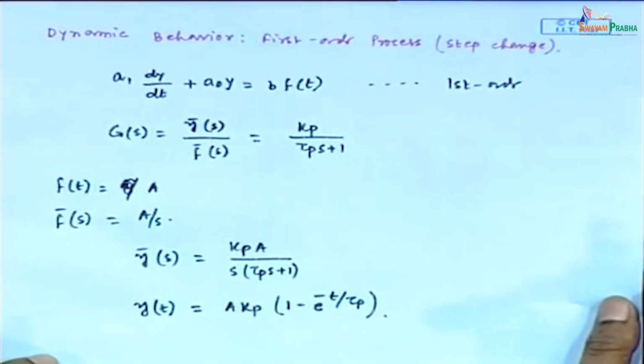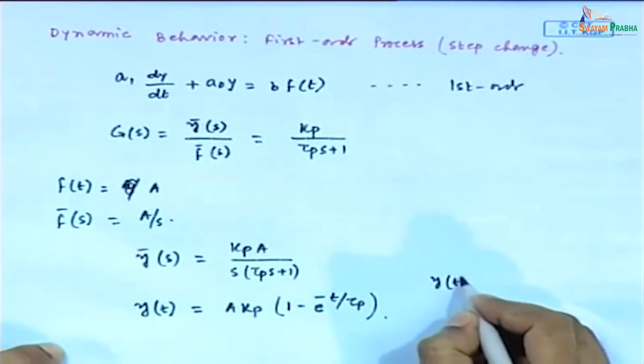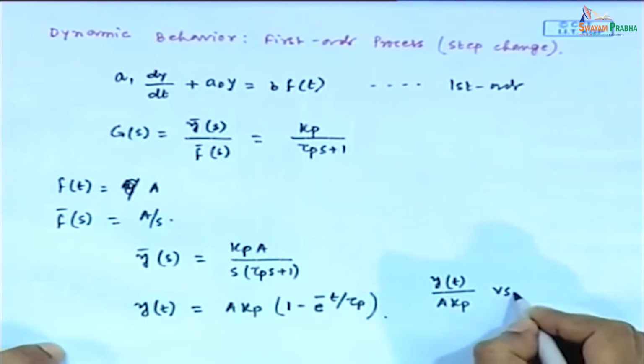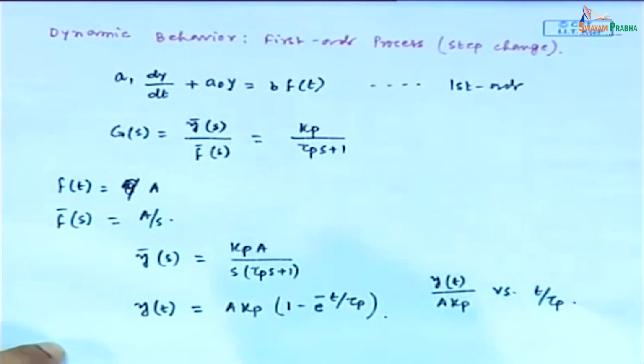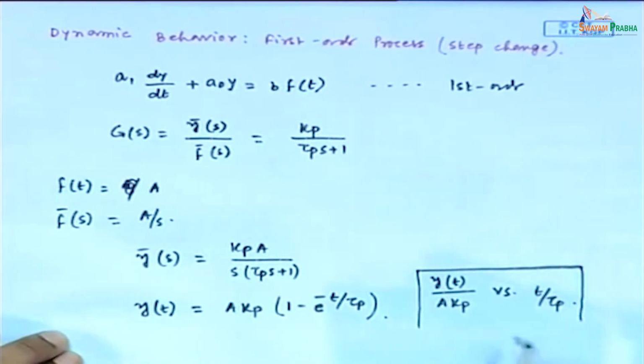To plot this equation, we will make the plot in terms of dimensionless quantities. So, dimensionless quantities means we will consider y t divided by a k p versus t divided by tau p. We will make a plot between y t divided by a k p versus t divided by tau p.